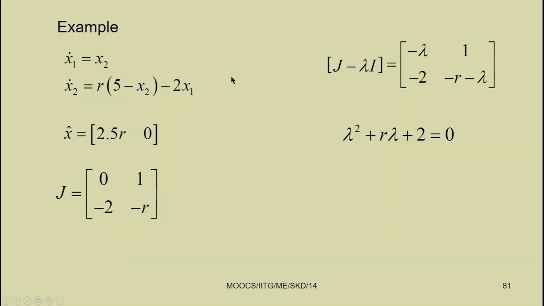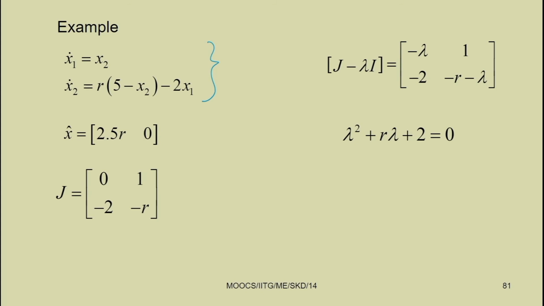For example, let us take this example: x1 dot equal to x2 and x2 dot equal to r into (5 minus x2) minus 2 x1. This is a second order equation and we have written it in terms of first order equations.